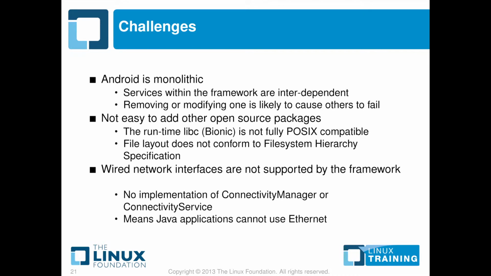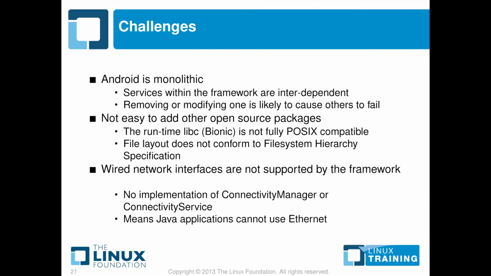But there are some challenges when adapting Android to your new device. First of all, Android itself, the way it's put together, it's a monolithic system. There are some build options we'll look at later on, but essentially what you get is what you get. Android is Android. Another problem is that the C library they're using, called Bionic, is not fully POSIX compliant. That makes it difficult to bring code in from outside and integrate it with the Android device.